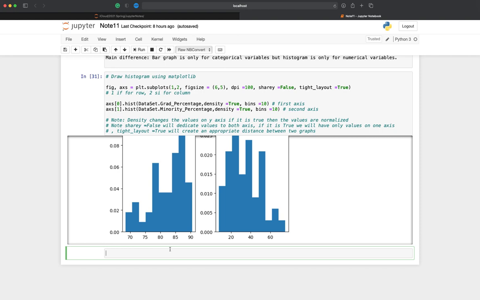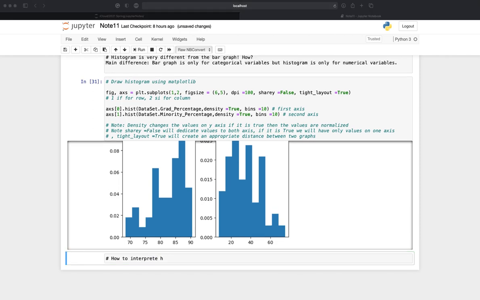Okay, let's go back to the topic, how to interpret. Did I write it down correctly? No. Interpret histogram.